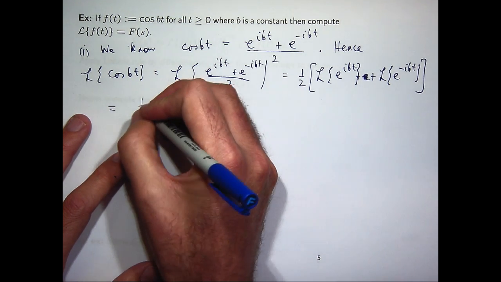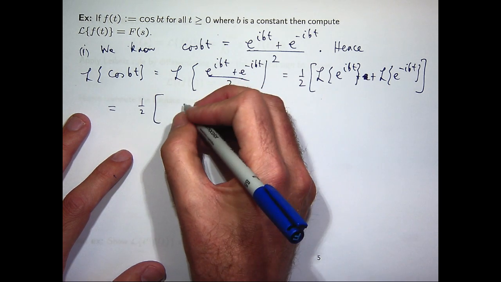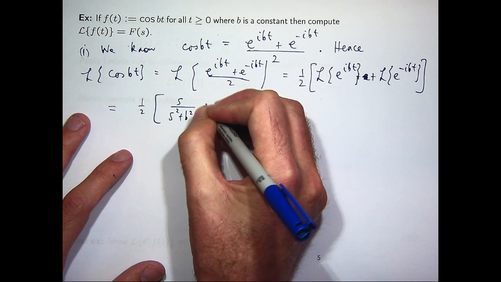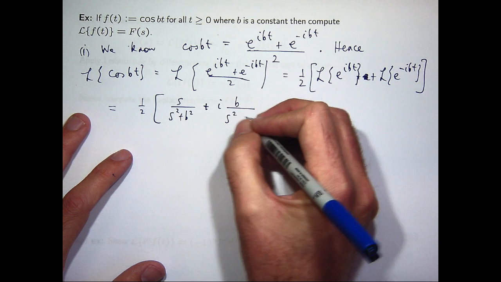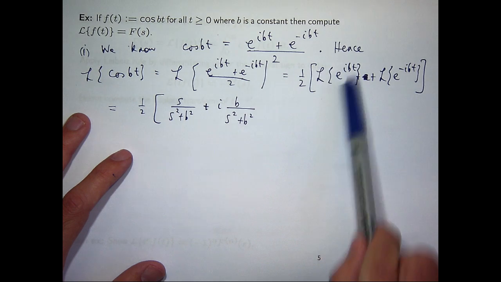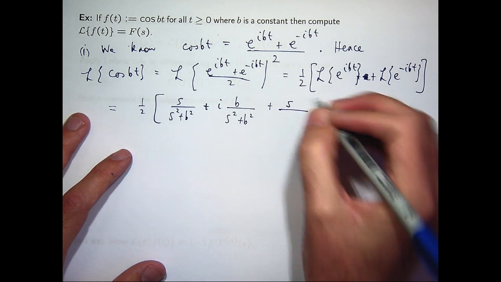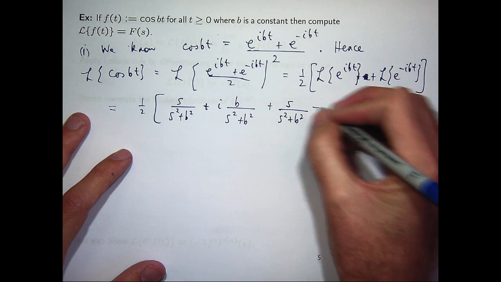So I'll get something like the following. So just from the previous slide, that is the Laplace transform of this. And if I replace b with minus b, I'll get this.